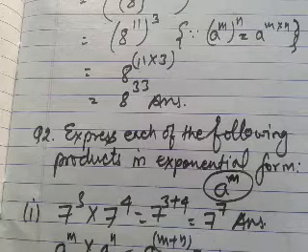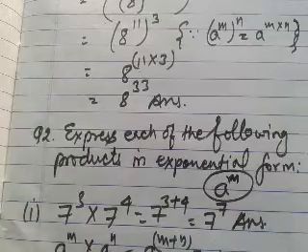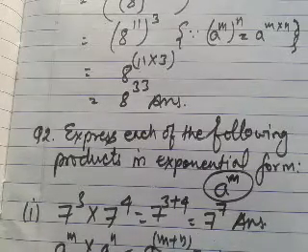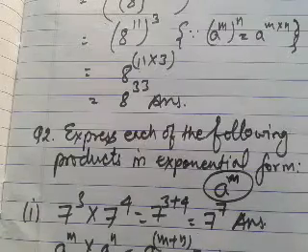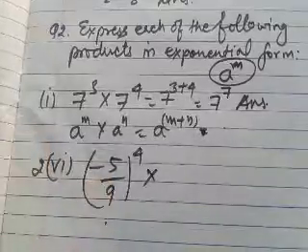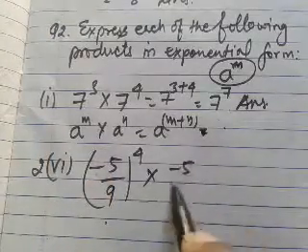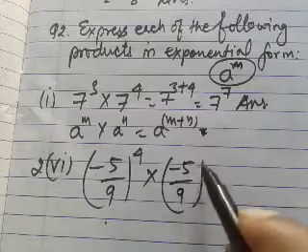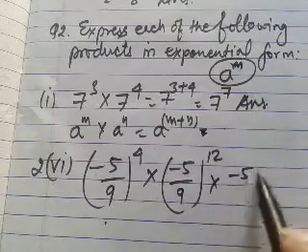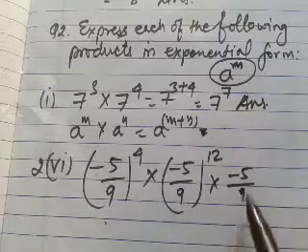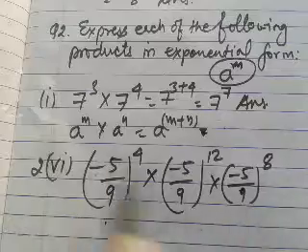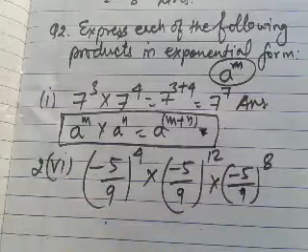So next is question number 2, part 6. Minus 5 upon 9 raised to the power 4 multiply minus 5 upon 9 raised to the power 12 multiply minus 5 upon 9 raised to the power 8. This expression is also solved by this law.